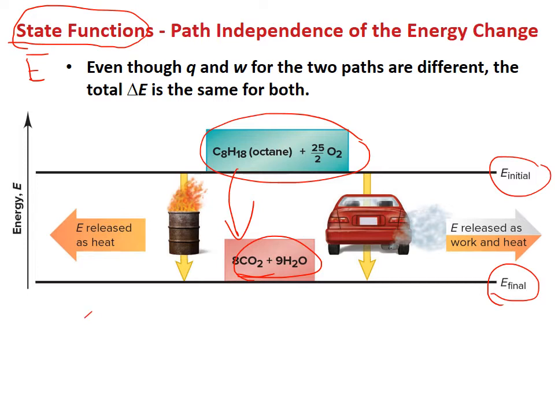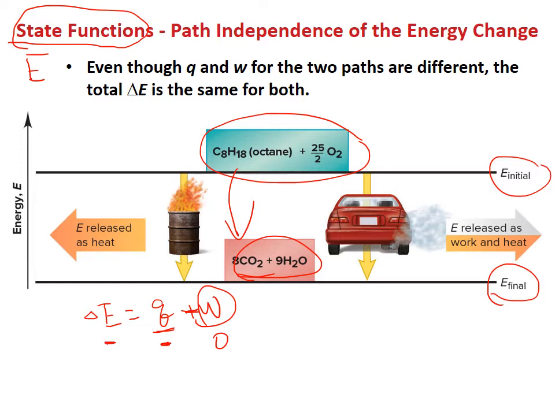So delta U equals Q plus W. If the reaction releases heat without doing any work, W is 0, and the Q goes to the surrounding, so it's negative, and delta E is also negative, so energy goes down.